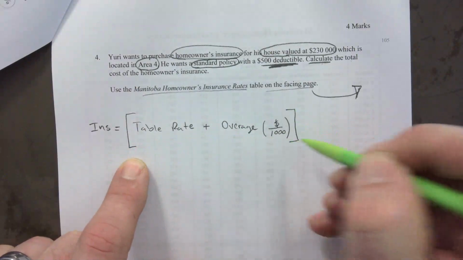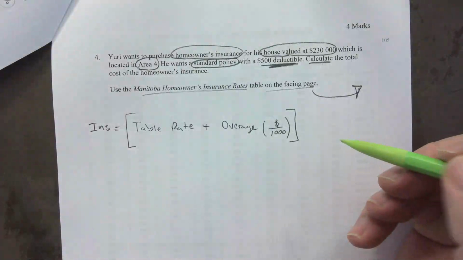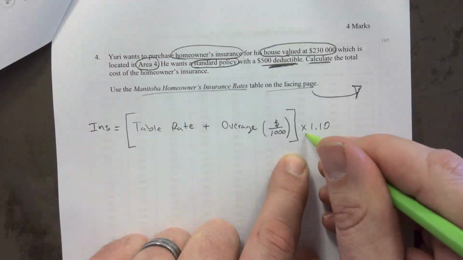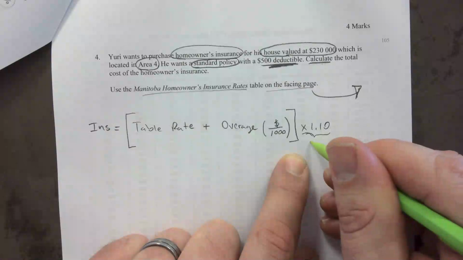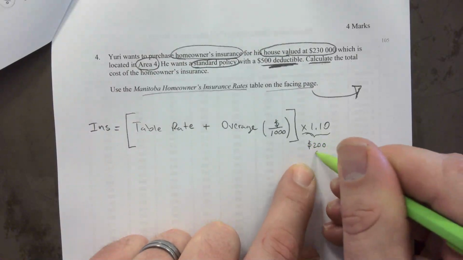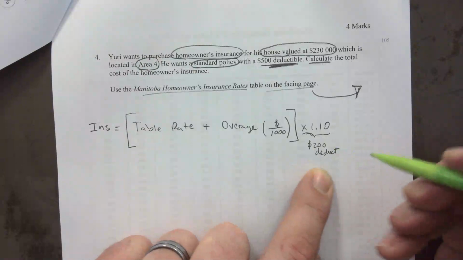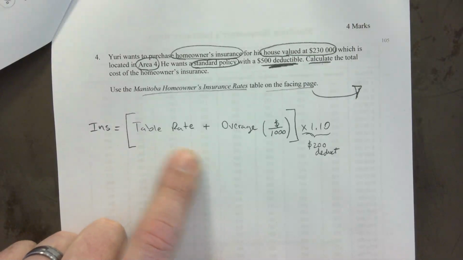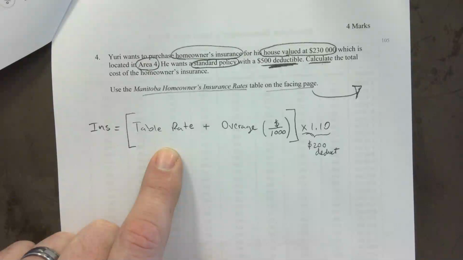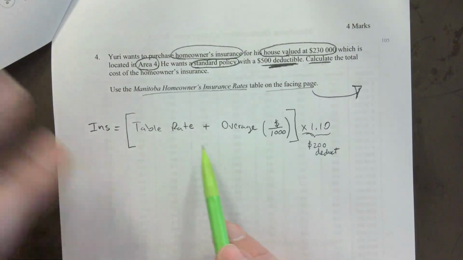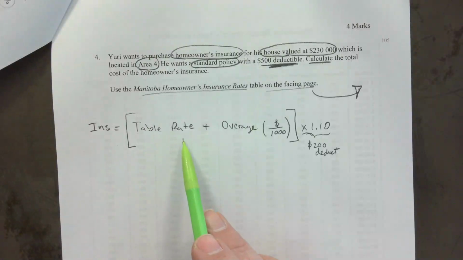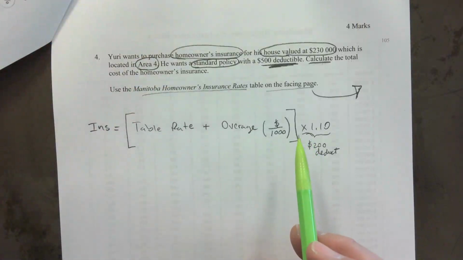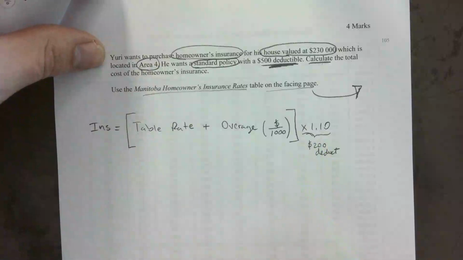You first do what's in the square brackets, and then you go times 1.10 if you want a $200 deductible. That's the formula I gave you. I want it the way you have it. And remember, the formula I just made up for students. I don't necessarily use this when I do the calculation, but I think it's a good one.